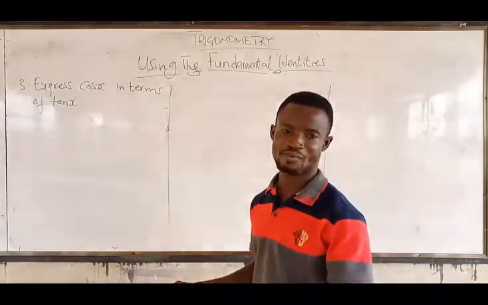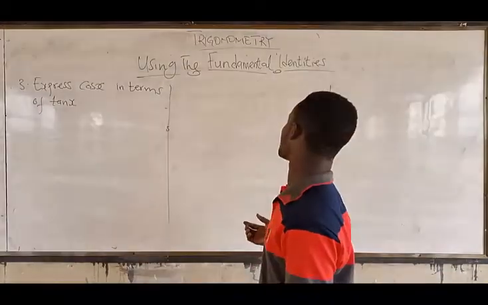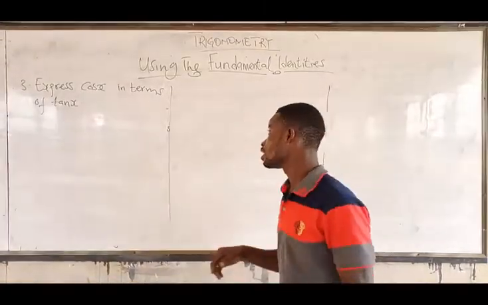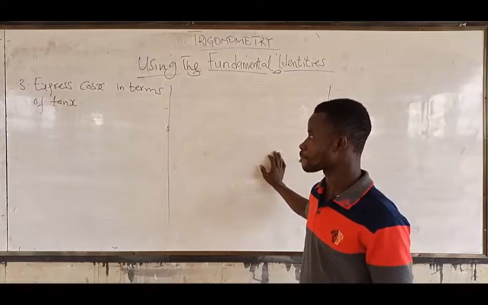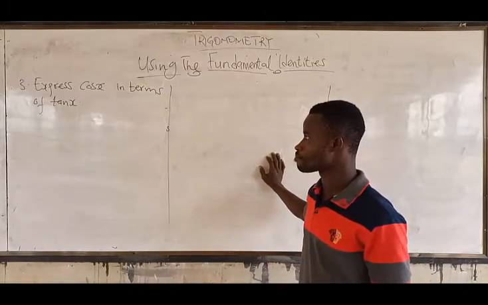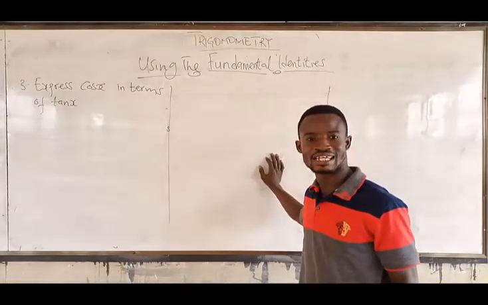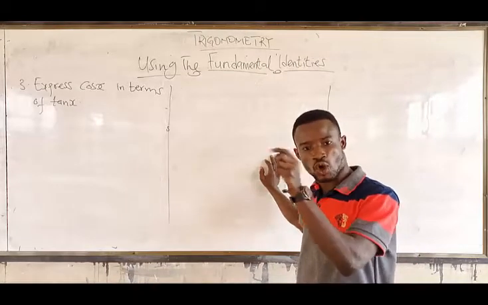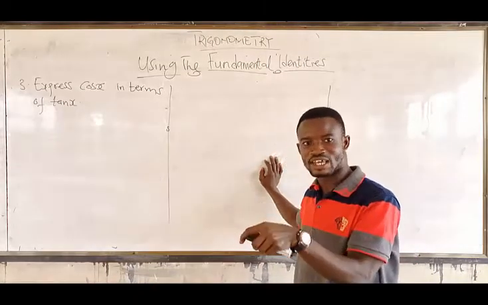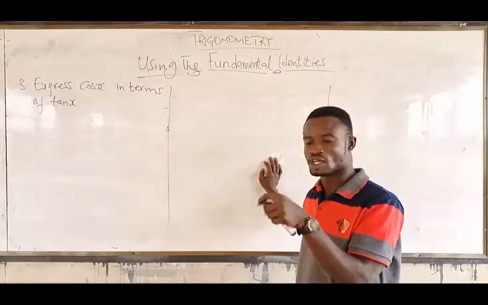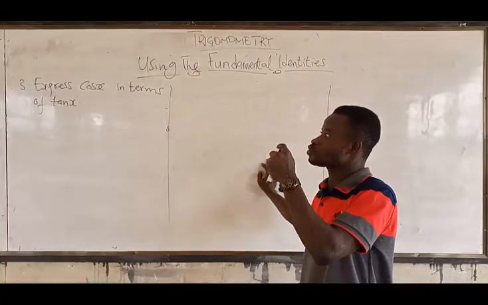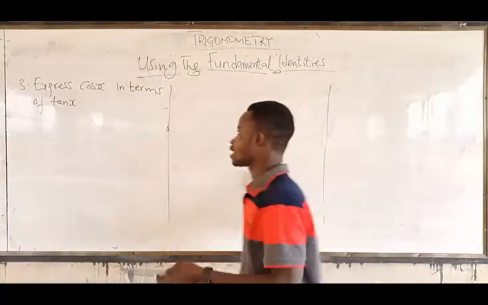Now, which of the fundamental identities is going to help us here? We know that sec is related to cos x because it's a reciprocal identity, and also sec is related to tan.